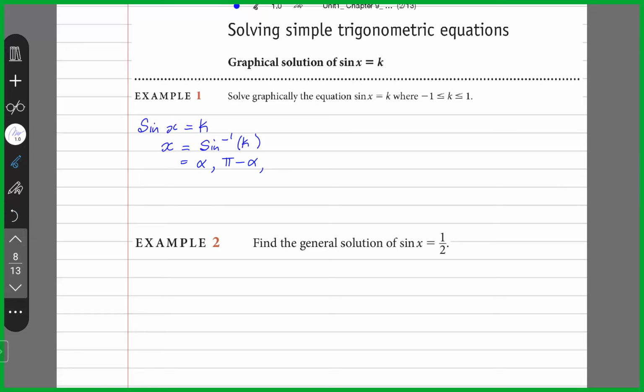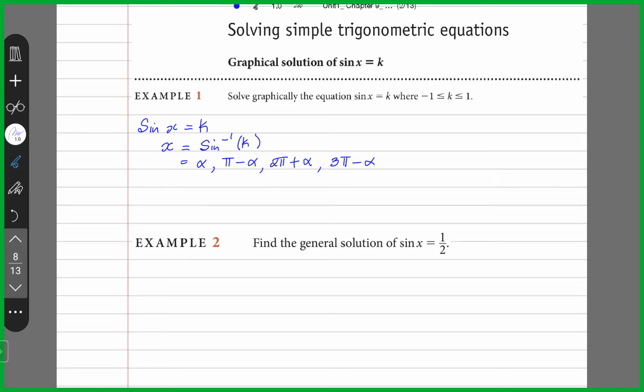So this would be my answer between 360 degrees and 720 degrees. In the first quadrant, it would be 2 pi plus alpha. And then in the second quadrant, that would be 3 pi minus alpha. In other words, I'm adding 2 pi to all my answers.